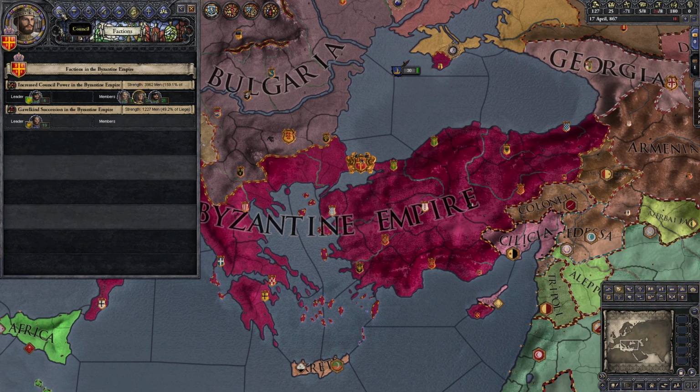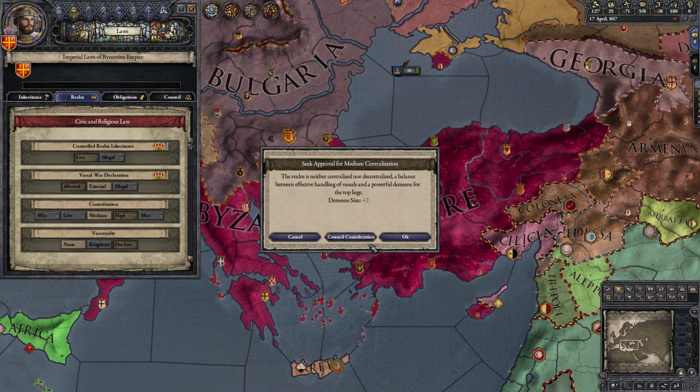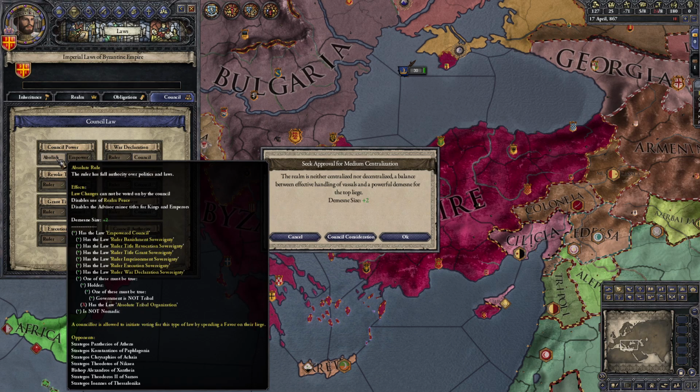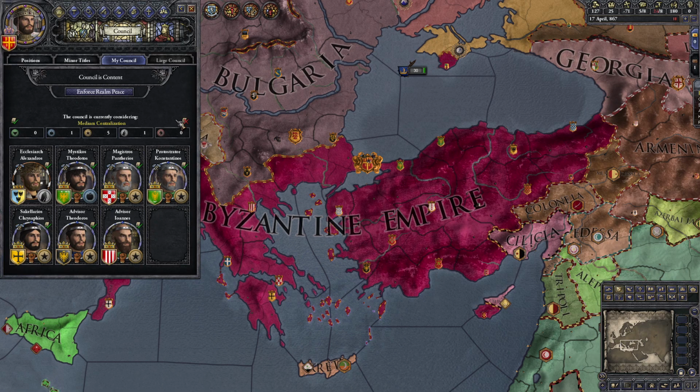Hopefully we're going to switch down. What would the council say? Council is empowered, but it's up to me to make the rest. They do like it.